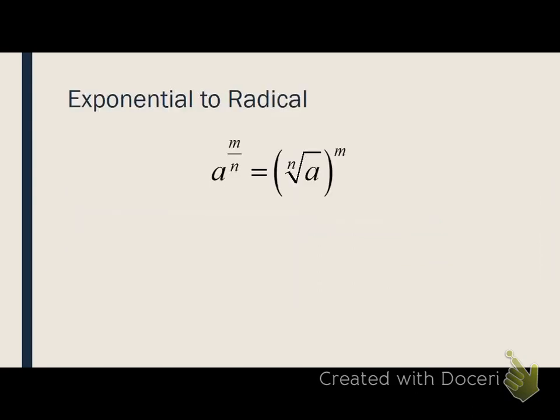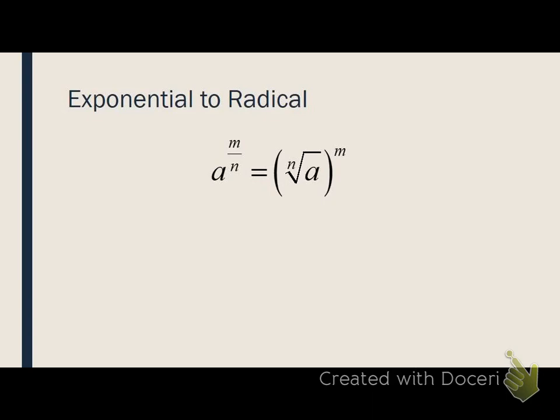Rational exponents don't have a lot of meaning as far as evaluating is concerned. So it turns out that you can change the form of a rational exponent, and you can change that into a radical. In radicals, we have a little bit more of a mechanism for evaluating, simplifying.